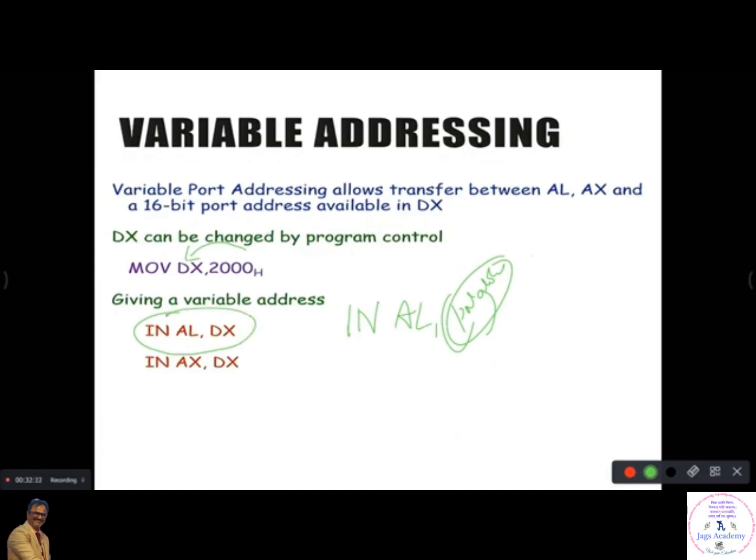Of course, we are using one extra statement here. If your program requires it, you can put the address in the DX register and indicate it here. That means this DX register has the address of the port. That's all, no other significance. This is just programming. This is the way you can do the in instruction.